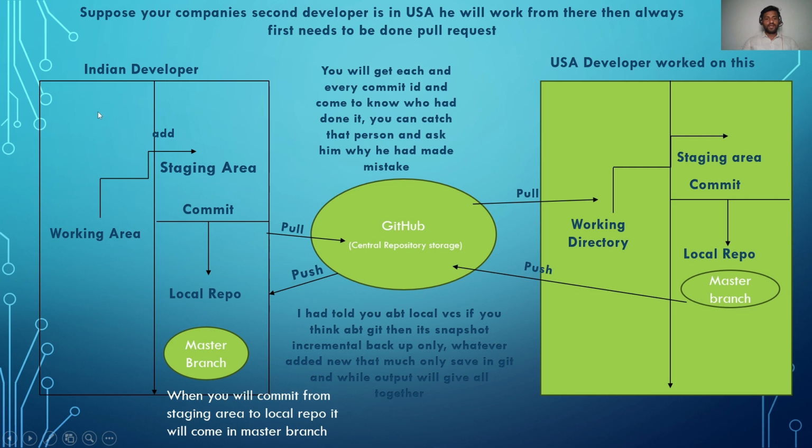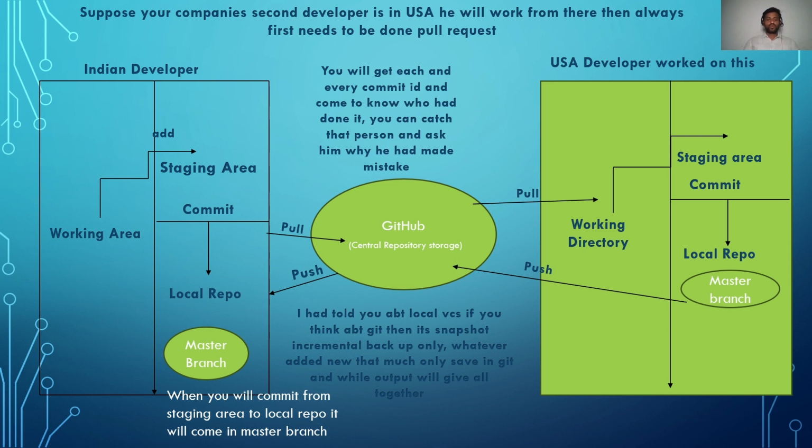Suppose some developers work from India, and they have worked in the working directory and added some code in the staging area, and after that they made a commit from the staging area to the local repo. When you commit from the staging area to the local repo, it will come into the master branch, right?